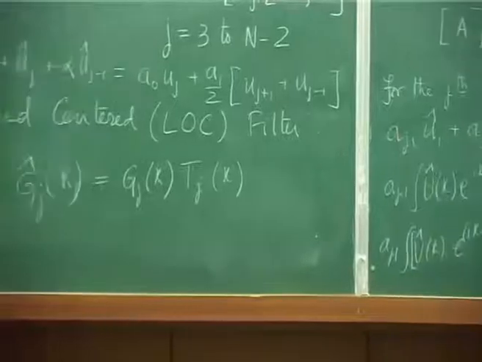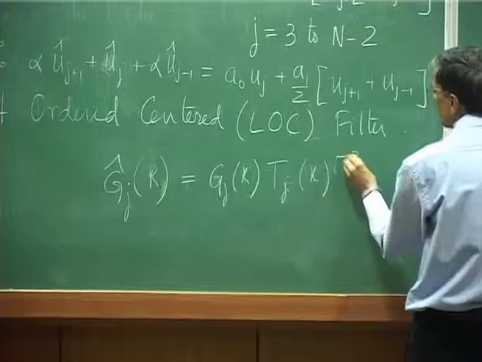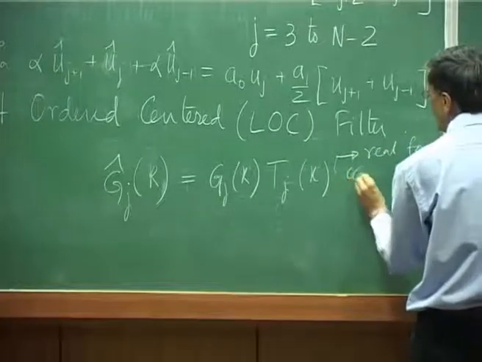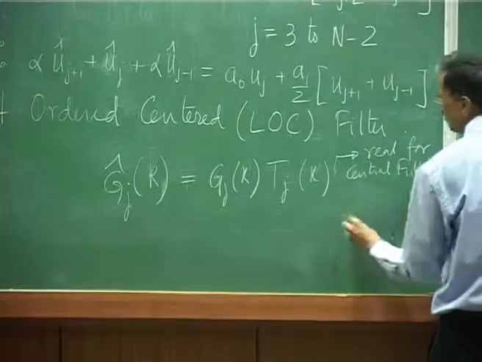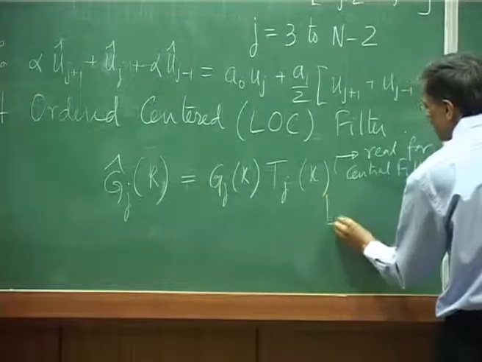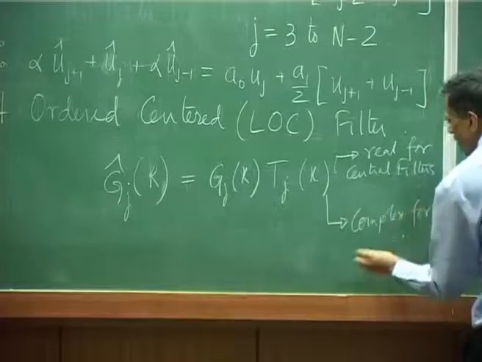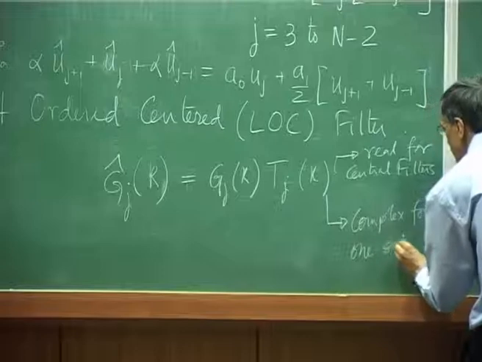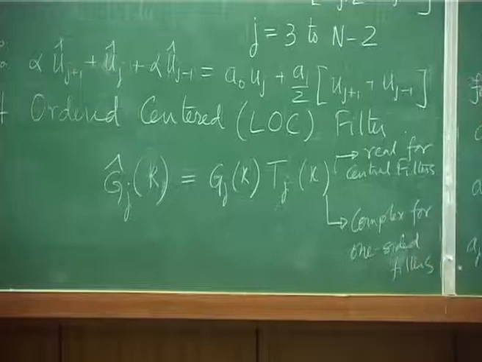So, if I take the central filter, T is real for the central filter, right. Whereas this becomes complex if I call them one sided filters. For a one sided filter, T of j becomes this.